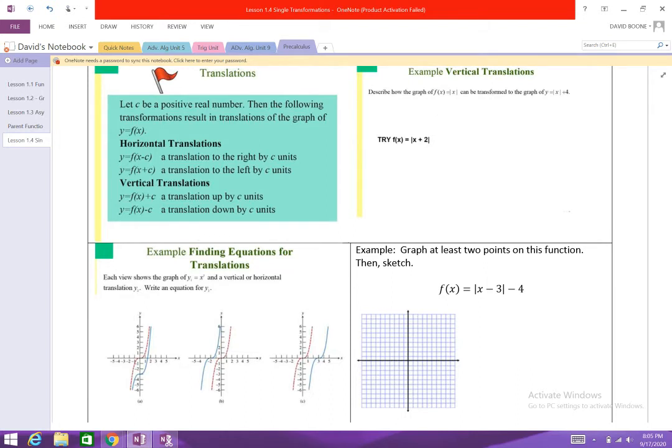You might remember some of this certainly from advanced algebra, when you had equations with parabolas. So we talked about something like y equals x squared being our parabola, and then y equals x squared plus a number.